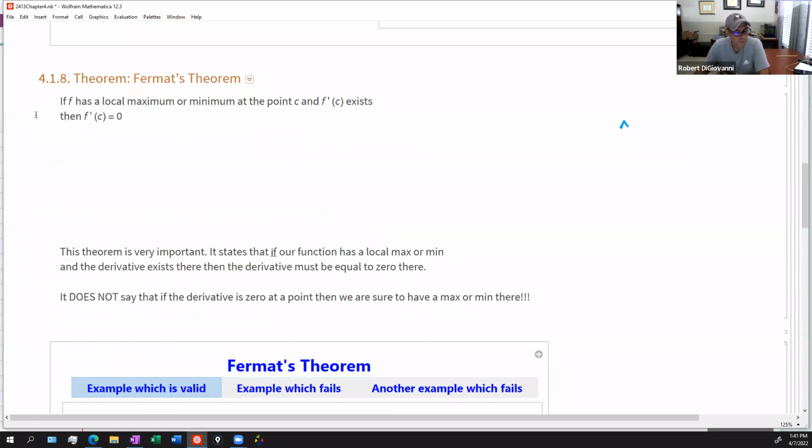So here's the theorem. Most theorems have an if statement, and then you have the conclusion. So here's what we're given. If f has a local maximum or minimum at a point, okay? So if we're looking at a function that has a local maximum or minimum at some point, can you visualize that?